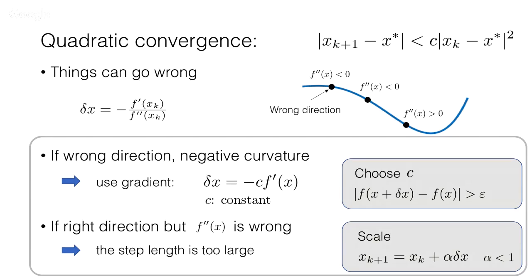But depending upon where you are, maybe the second derivative is equal to 0, so that's going to provide a very large delta x. Or perhaps it's in the wrong direction: f prime and f double prime might have the wrong sign, in which case you want to go this way, but you're going that way. So you have to do things to guard against this.